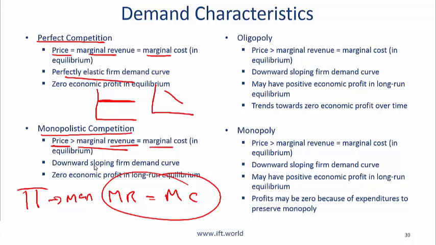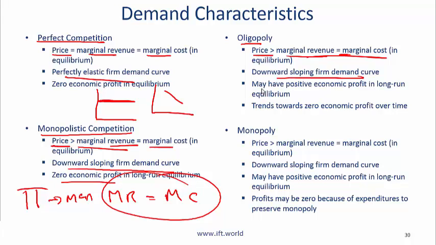With monopolistic competition, we have a downward sloping demand curve for a given firm, and the general theory is that in the long run, the economic profit will be zero also for a monopolistic competition. With an oligopoly, the price is greater than marginal revenue, but as always, for profit maximization, marginal revenue is equal to marginal cost.